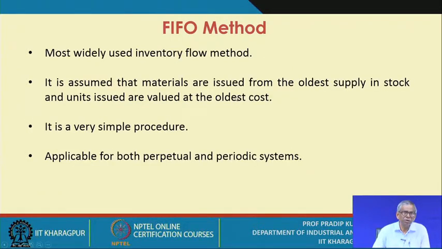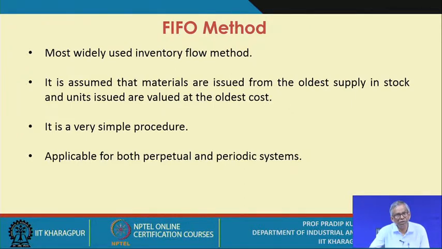So what is this first method, called FIFO, or first in first out? It's very simple. It's the most widely used inventory flow method. That is point number one. Point number two is, it is assumed that the materials are issued from the oldest supply in stock, and units issued are valued at the oldest cost.